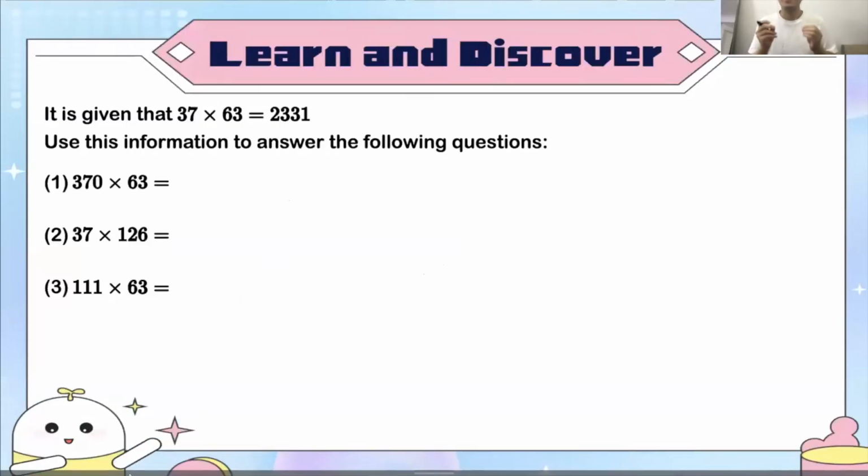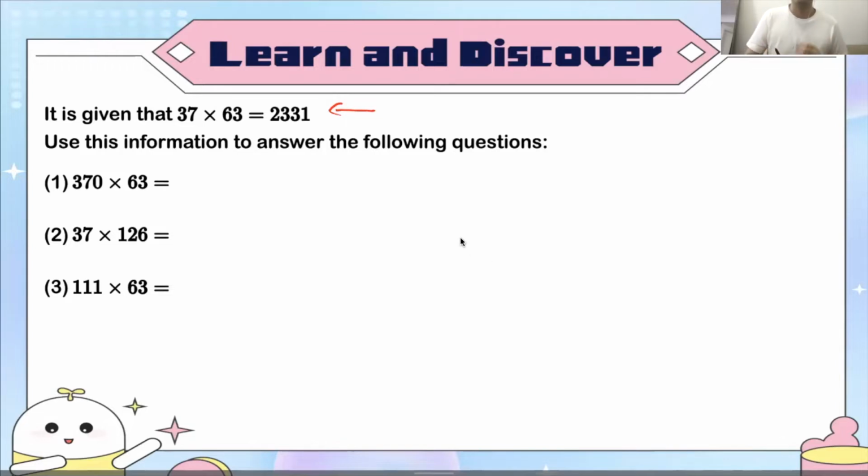It is given that 37 times 63 is 2,331. I hope we can use this information to answer the following questions, and we don't need to use long multiplication.